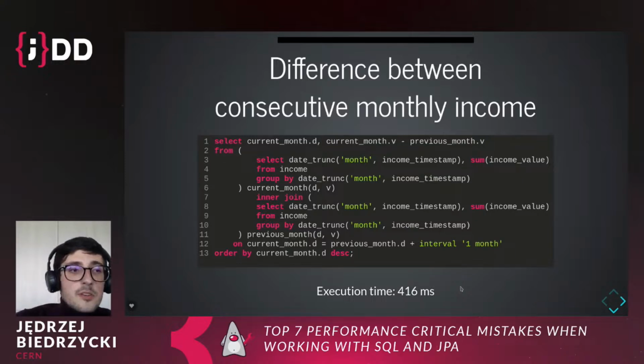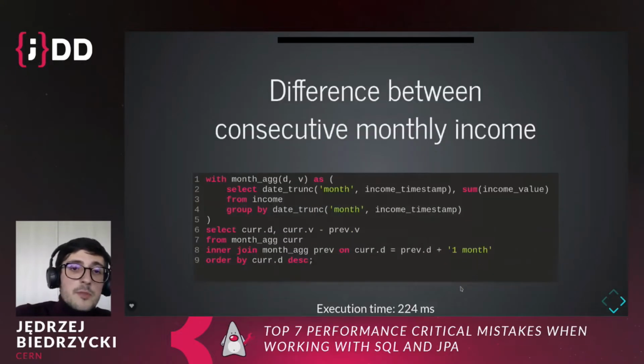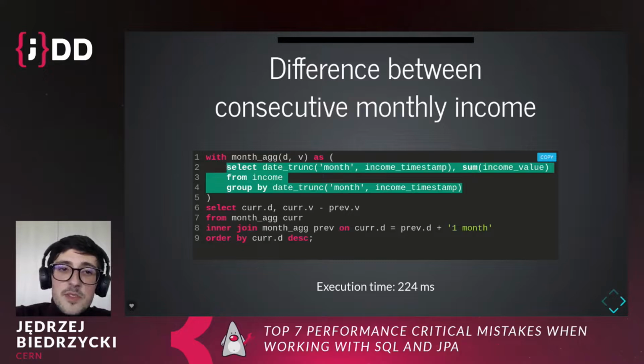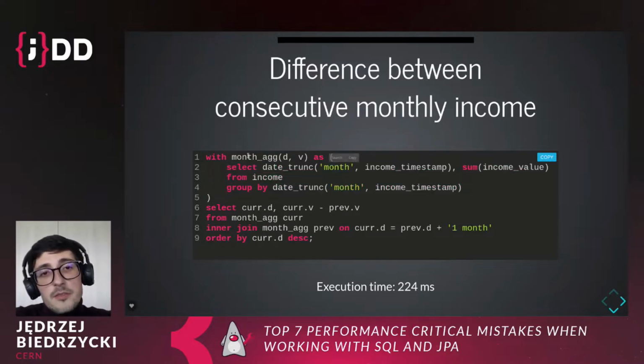Now, if you are aware of common table expressions, then you can refactor this query a bit. Common table expression is a bit like a variable for SQL. So we can pull out this subquery and give it a name.